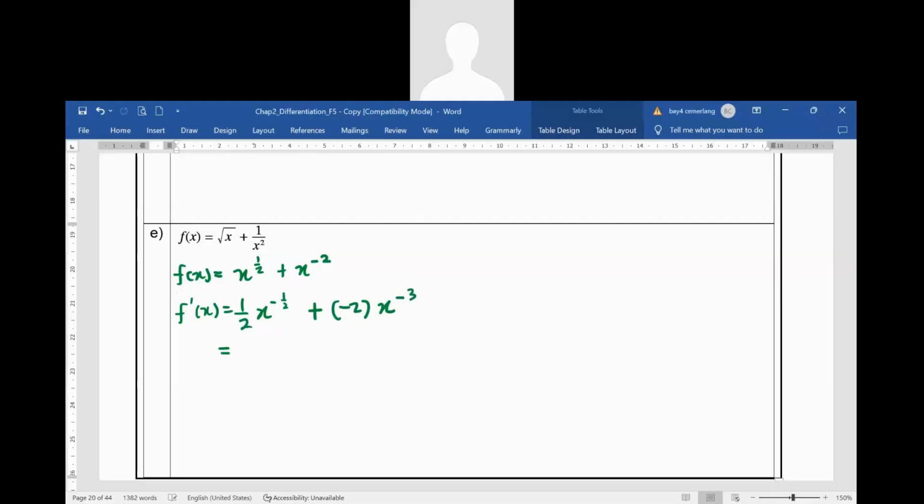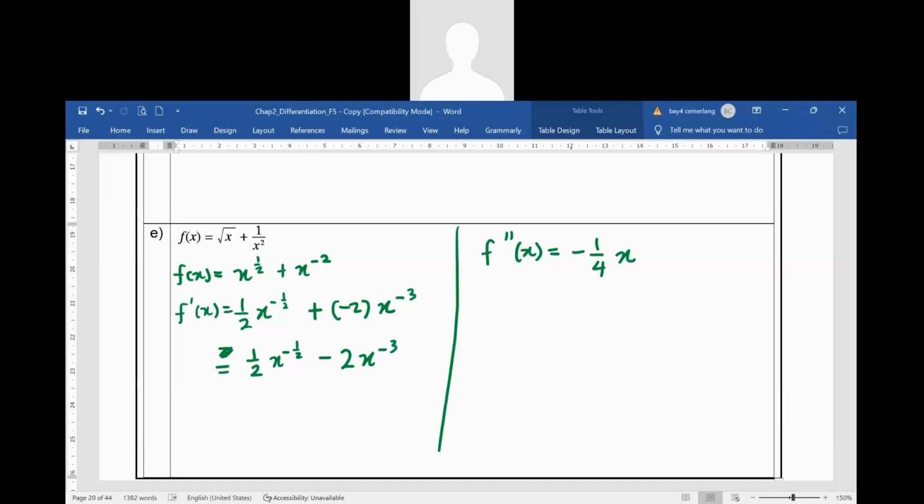So what will it get? No need, don't change its form. But we need to tidy our answer. Positive times negative is negative 2x to the power of negative 3. From here you can express your second derivative. Negative half multiply by 1 over 2 becomes negative 1 over 4 x.